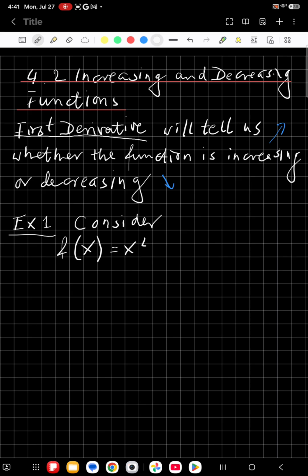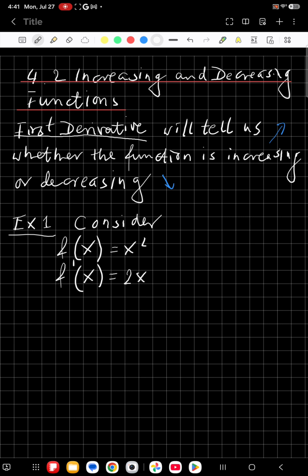Keep in mind that if you take a first derivative, I always repeat it, it gives you either a slope or a formula for a slope. In this case, it's just a formula for a slope. So f prime of x equals 2x.